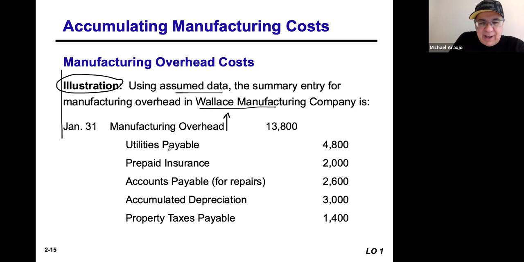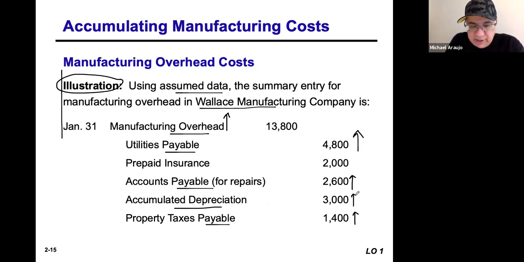And then here you have a couple of liabilities that are set up. Liabilities increase on the credit side, as you know, right? You have accumulated depreciation. You have depreciation expense, which is going to be part of your manufacturing overhead, and the associated credit goes to accumulated depreciation.